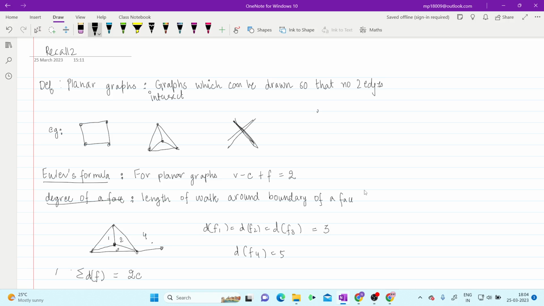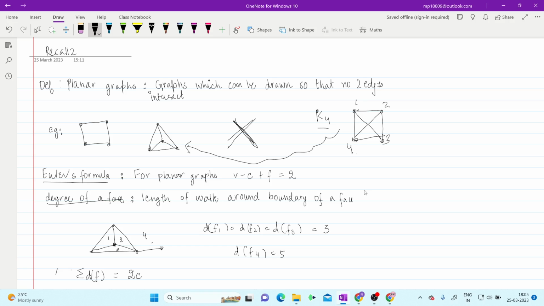If we look at this particular representation of K4, these two edges are intersecting. But we cannot say that this graph is not planar, because we can draw this graph like this, in which no two edges are intersecting. Therefore, K4 is indeed planar.